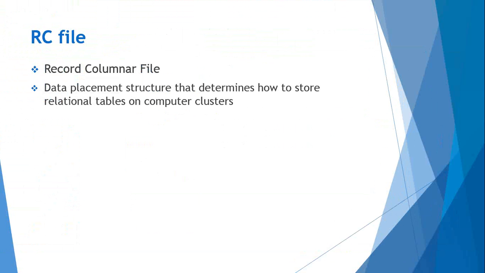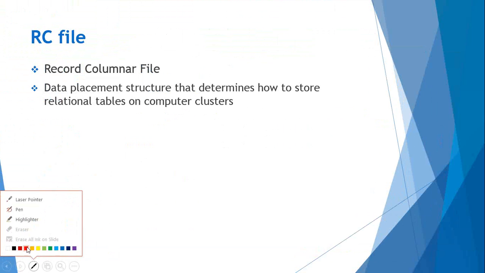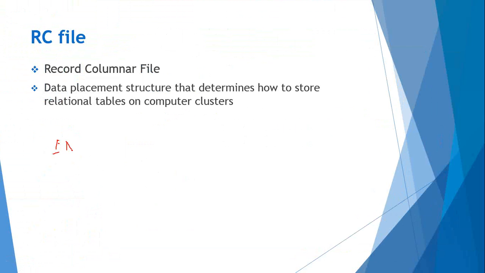So a pretty interesting file, RC file. So till now, if you are working with relational databases, you can see how your records are written. Say I have an employee table, with employee name, employee department, employee ID, and so on.